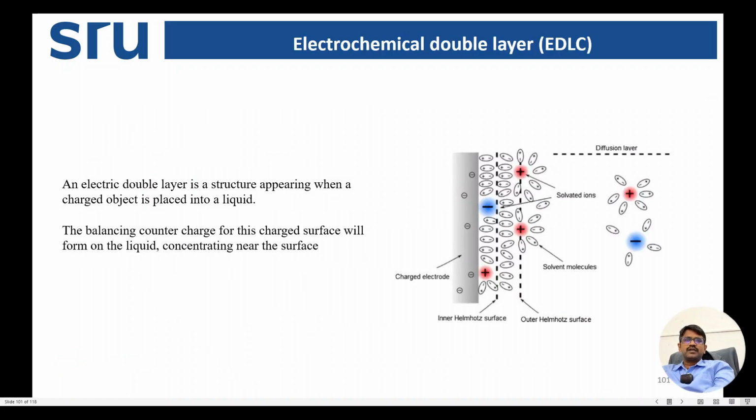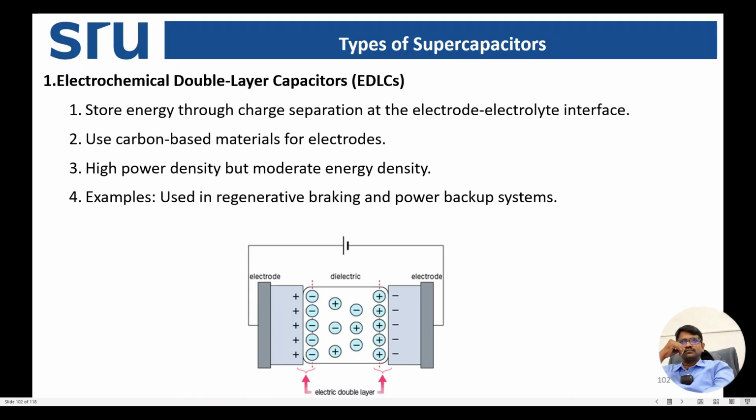This is about electrochemical double layer capacitors.